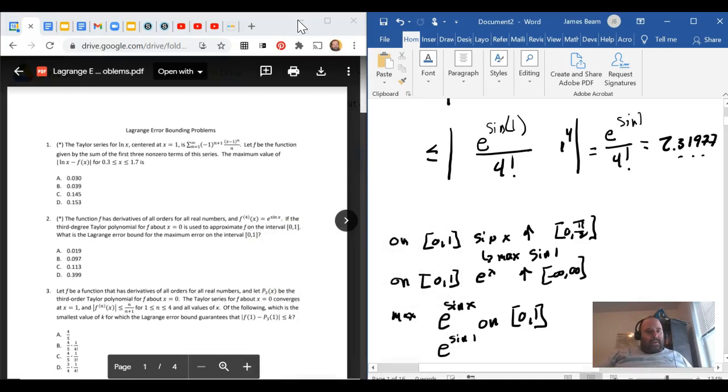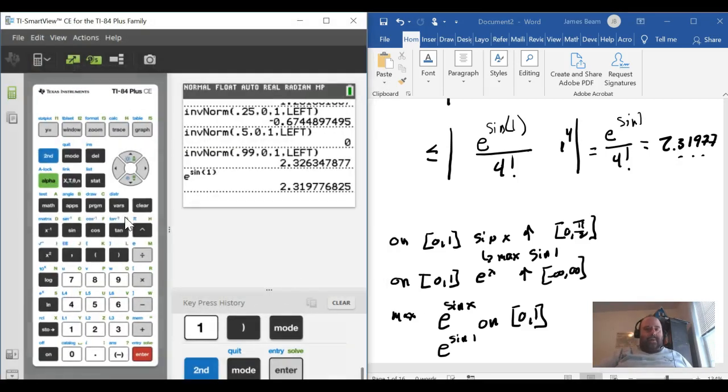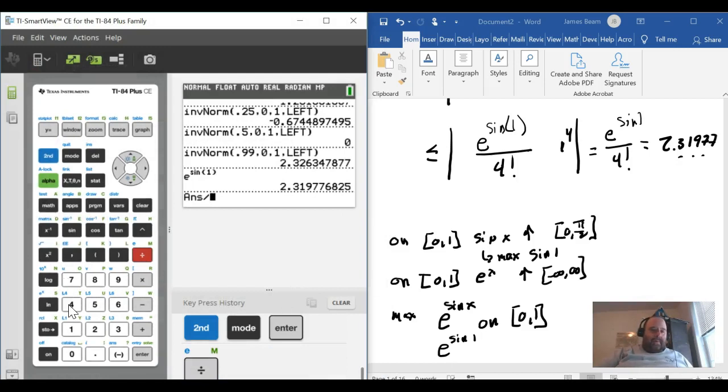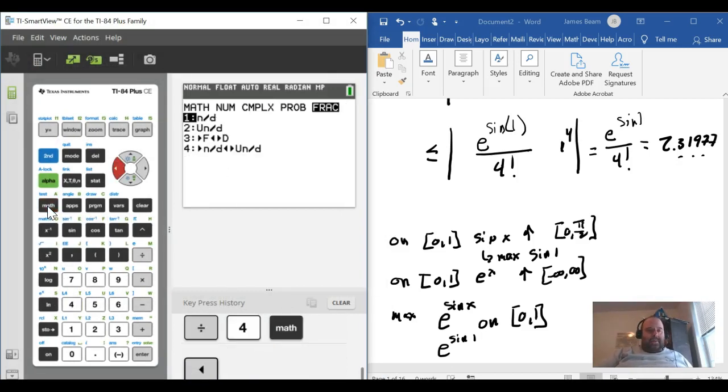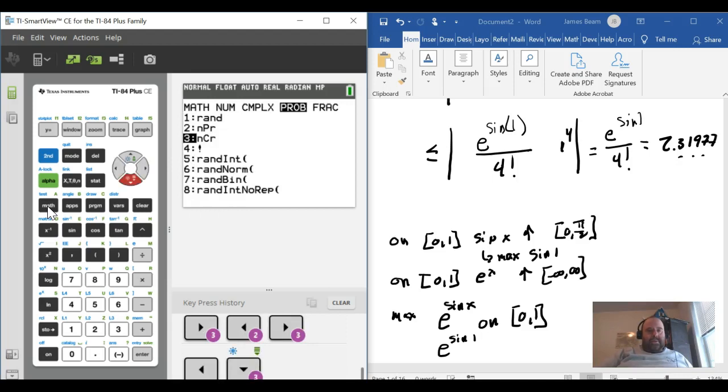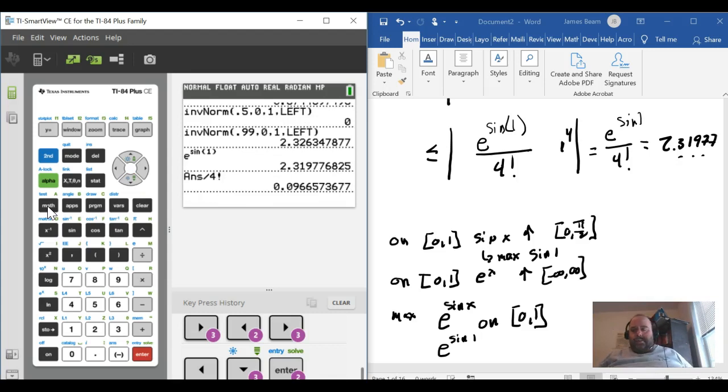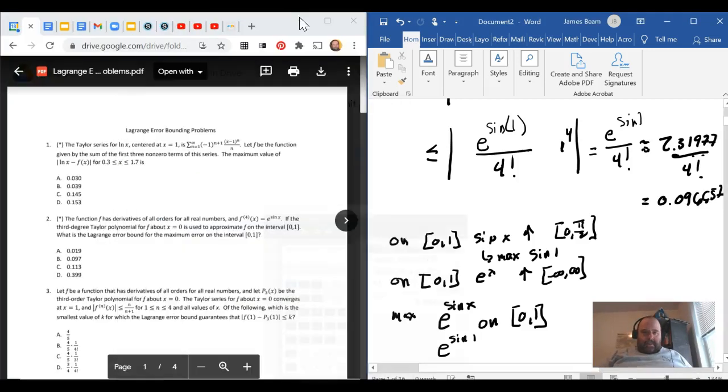So I go back and I look at the answers that are there, and it is not one of the answers. Why am I not that? Because I didn't divide it by 4 factorial. So I need to divide that by 4 factorial, there it is, and aha, so this over 4 factorial approximately is equal to 0.096657, and now I look at my answers, that looks like B, right?